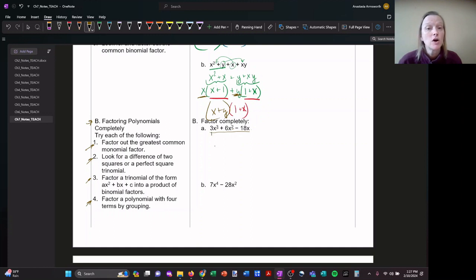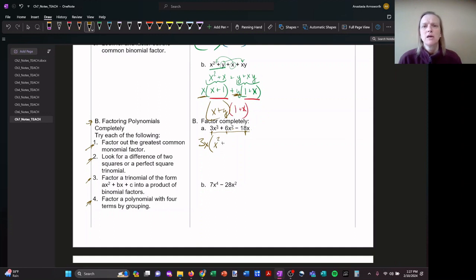Let's see. Also, 3, 6, and 18 are all divisible by 3. So I can pull out the 3x term. And then if I take each term in this expression and divide away 3x, well, 3 divided by 3 is 1. And x cubed divided by x is just x squared.